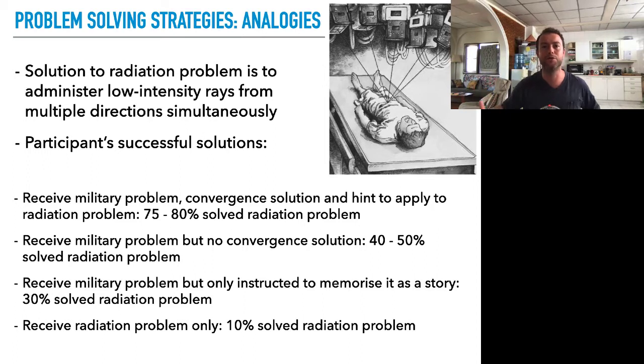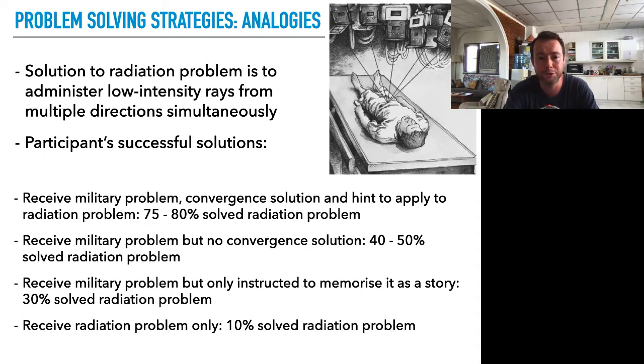So in other words, you're giving them this military problem, you're telling them what the solution is, and you're saying, we've given you a solution, you should apply this analogy to help you solve the radiation problem. 75 to 80% of people can get it.